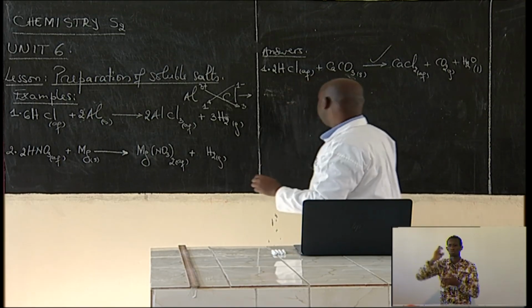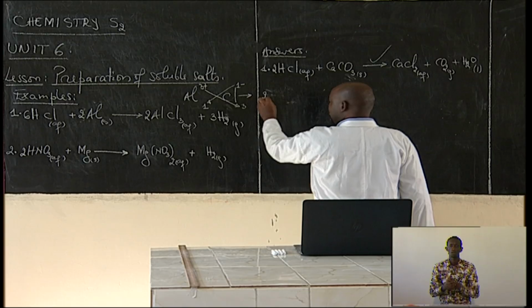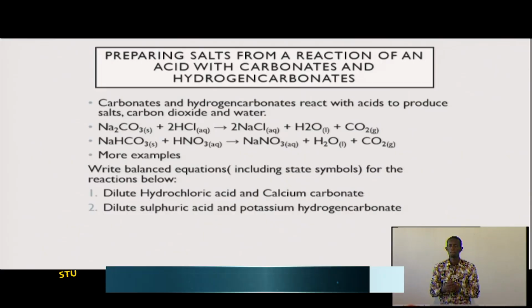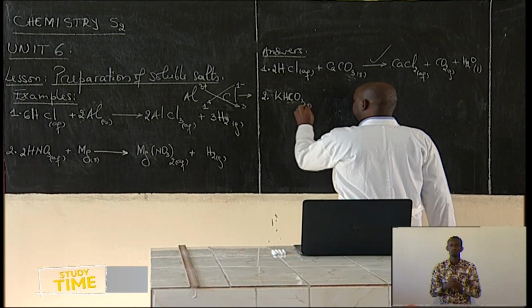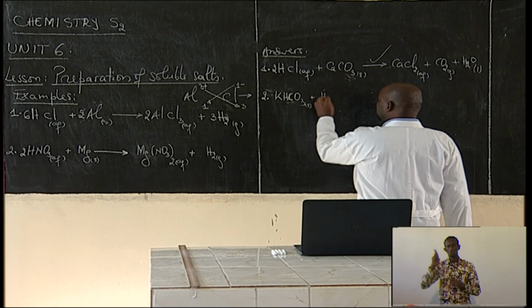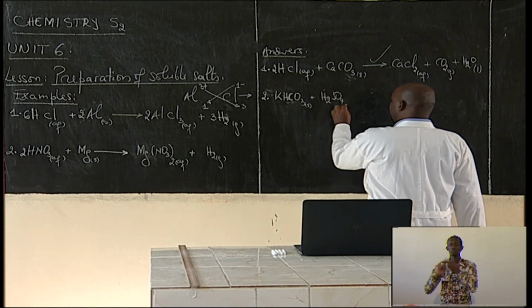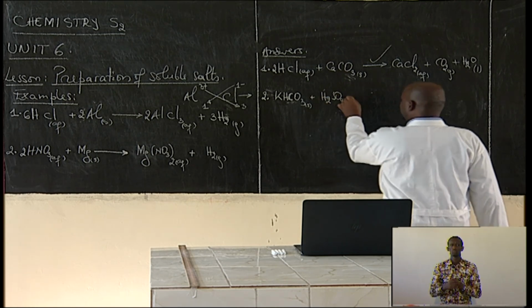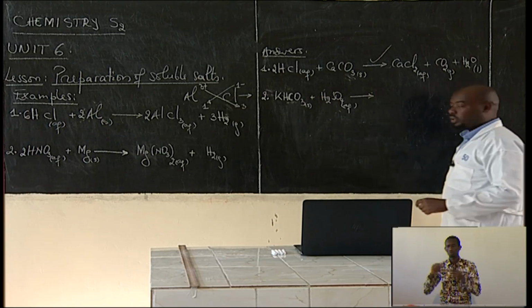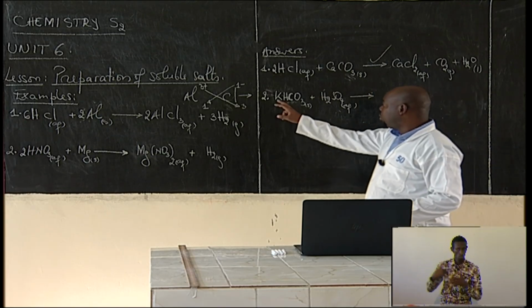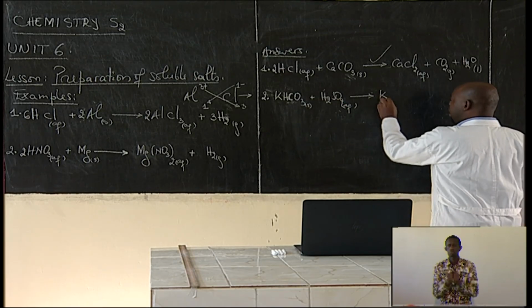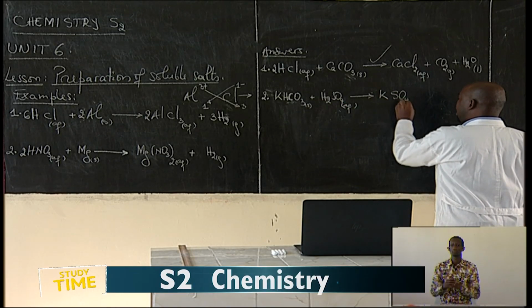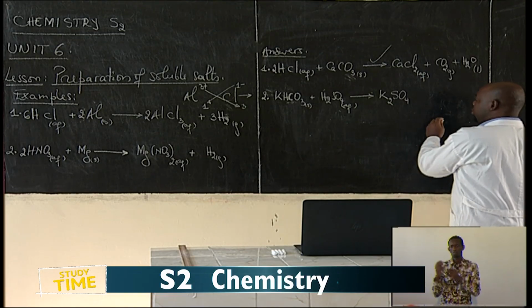And the second is a reaction between sulfuric acid and potassium hydrogen carbonate. Potassium hydrogen carbonate plus sulfuric acid, what do we get? As I said, the metal will combine with the anion from the acid. So potassium combines with sulfate ion, and we put 2 here. You remember the reason?